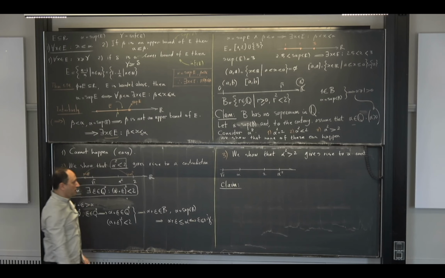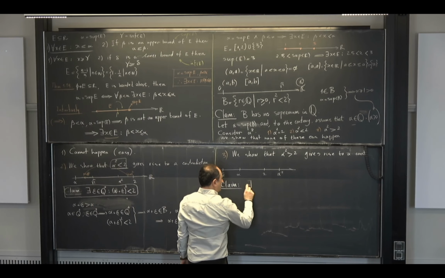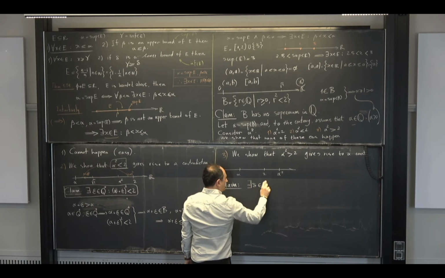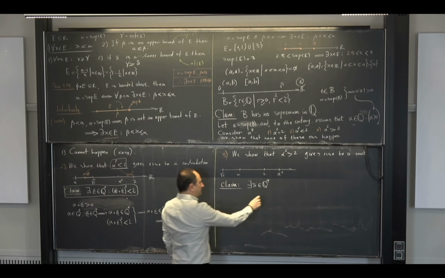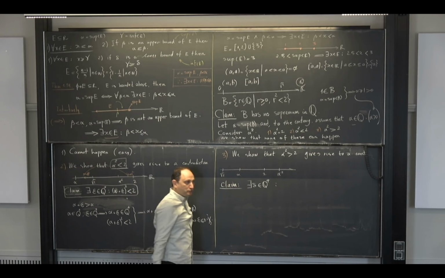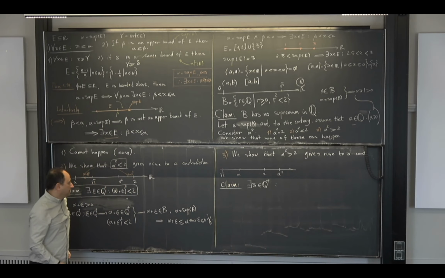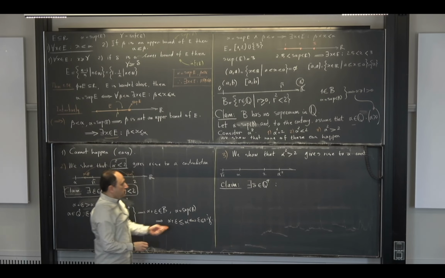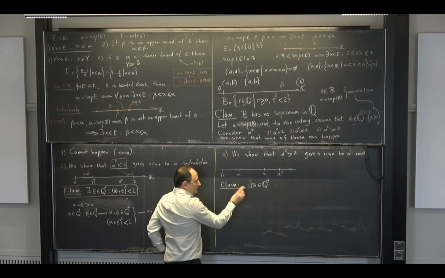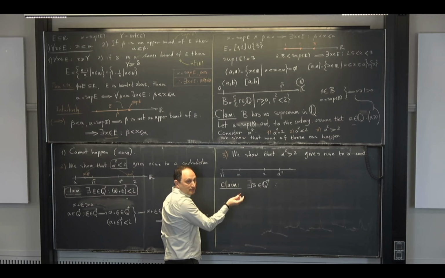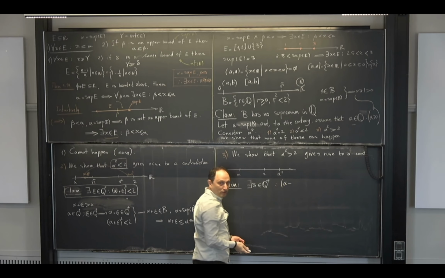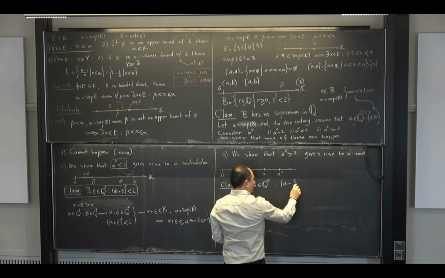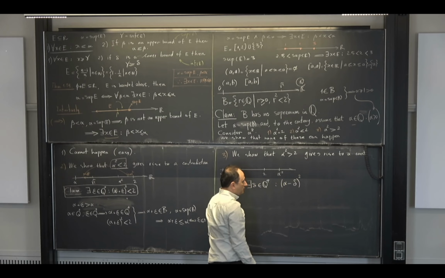I start with something. There exists delta in Q positive such that... I'm waiting for it. So imagine, what should I write? Alpha minus delta, squared, bigger than 2.